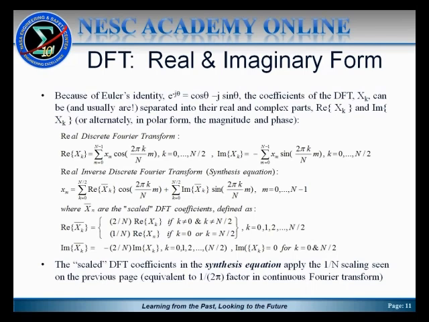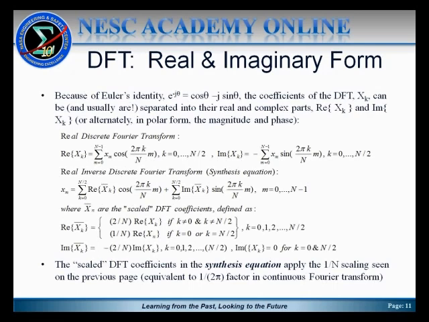The reverse transformation, also called the real inverse discrete Fourier transform, is also referred to as the synthesis equation, and is shown as the second equation on this slide. That would be used if you wanted to reconstruct the original time sequence x sub m from those discrete Fourier transform coefficients in their real and imaginary forms. One thing to note in this equation is that we've made a change in notation here.